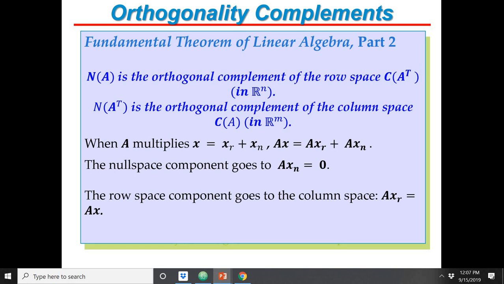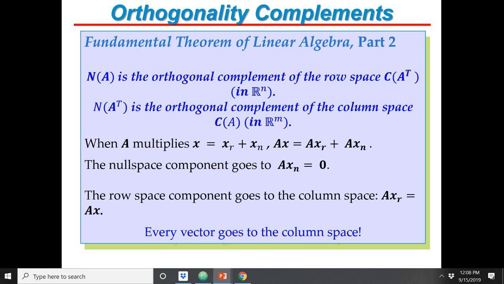Somehow we have been able, through this A, to map the row space to the column space. And the schematic that we had seen before showed an arrow indicating this mapping from the row space directly to the column space. And I think we will see this again shortly. So every vector is mapped to the column space.